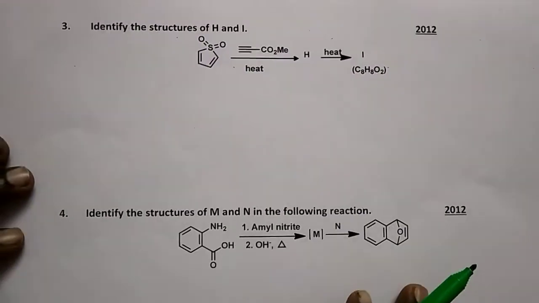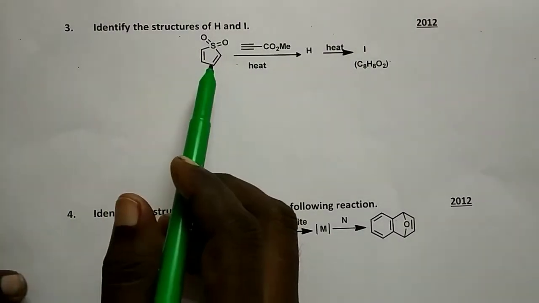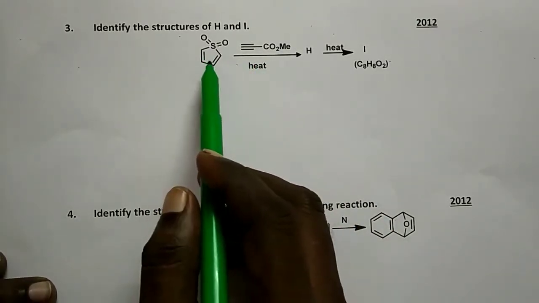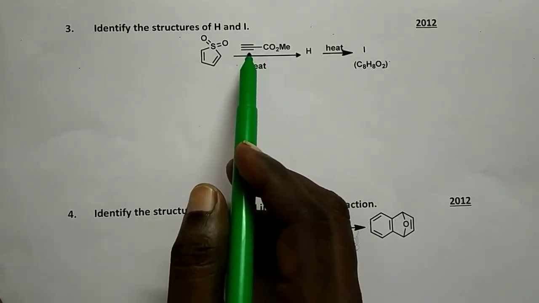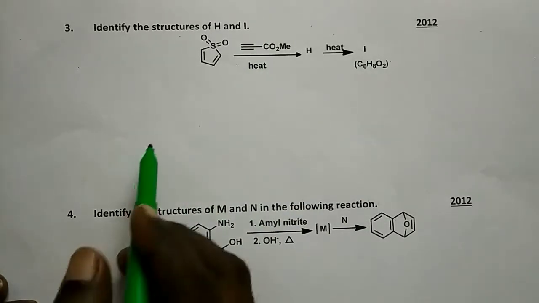And let us see this reaction. What is this one? There is a sulfone, and the sulfone is a diene, and this alkyne is a dienophile. We get some products. What is it?